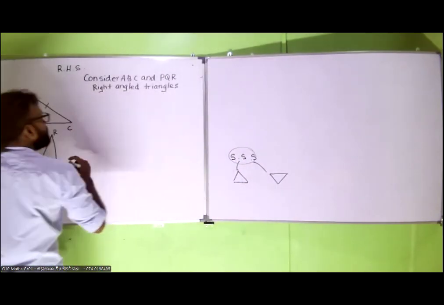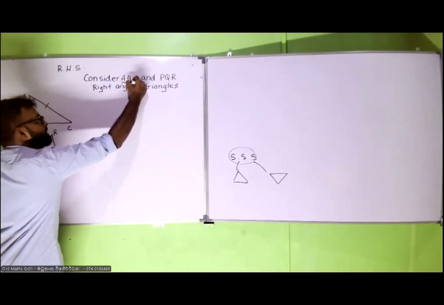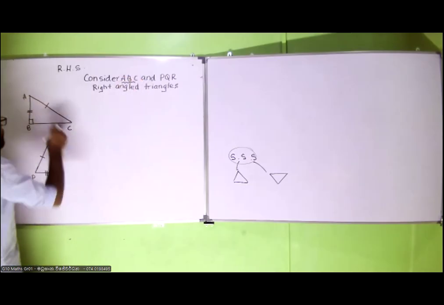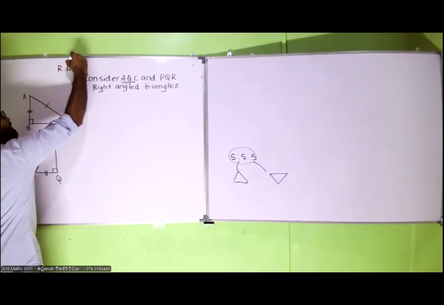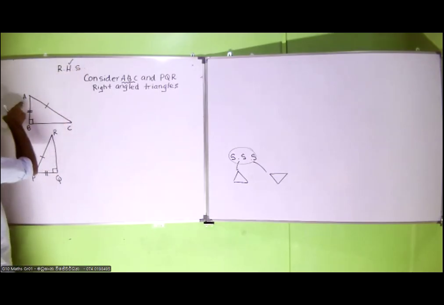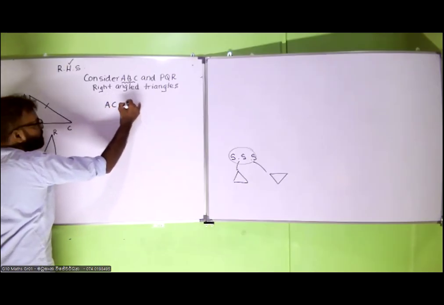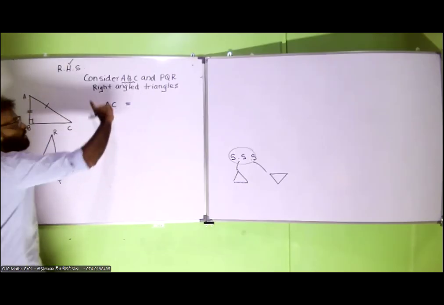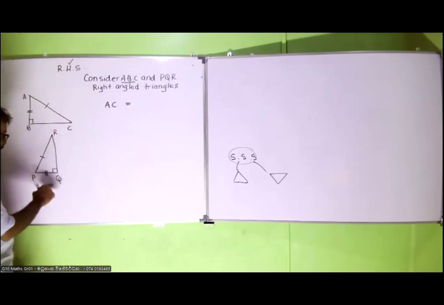So first of all, you are going to consider ABC triangle. From this ABC right angle triangle, I am going to pick the hypotenuse. Hypotenuse is AC. AC equals the hypotenuse of the other right angle triangle PQR, which is PR.